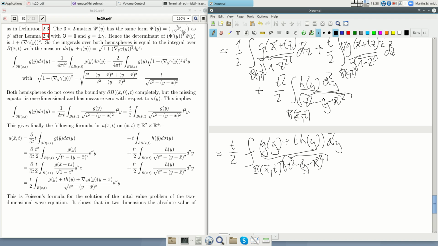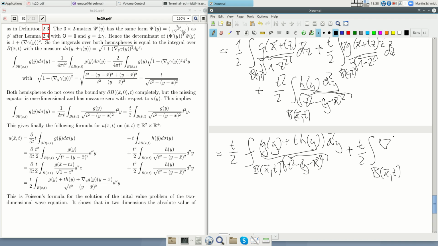And here we do the same. Plus, and then we obtain here we put the t to the z, and we get back one extra t from here.